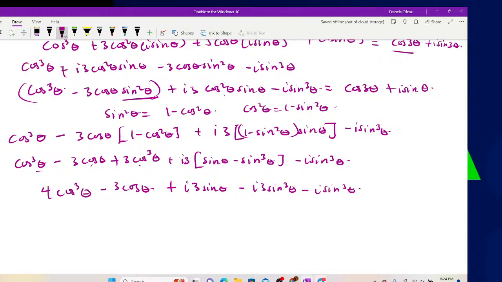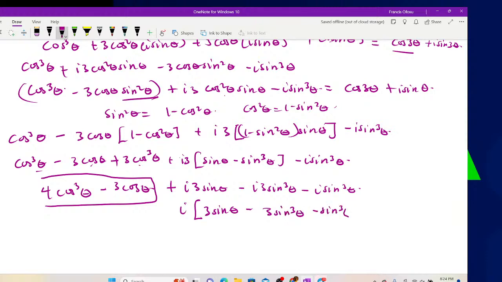So let me have this side. This side I'm done, but for the i side, let me take i out. I'll have 3 sin theta minus 3 sin cubed theta minus sin cubed theta, right?